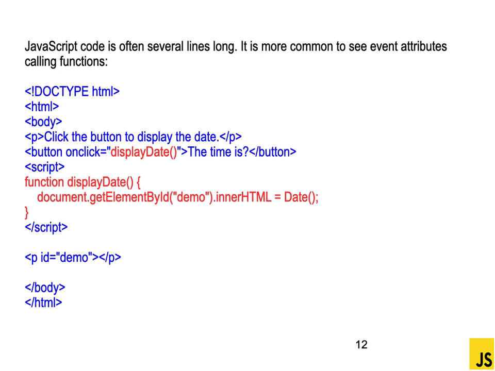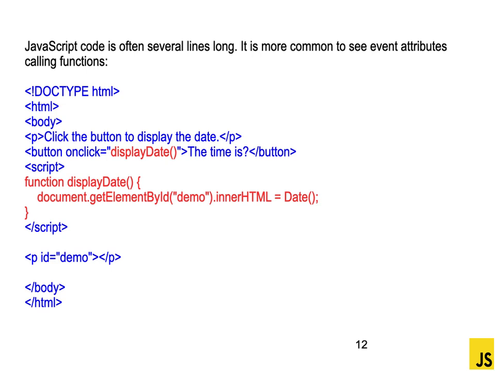It's a user defined function. displayDate is a user defined function that is to be implemented in our program. Then The time is question mark is the first label to be printed on the button. Then the button element is closed.